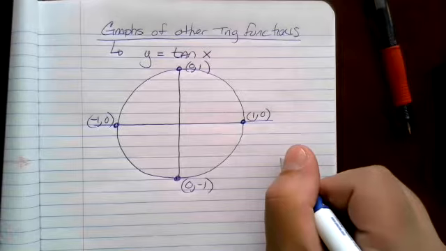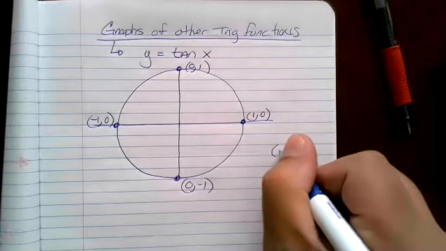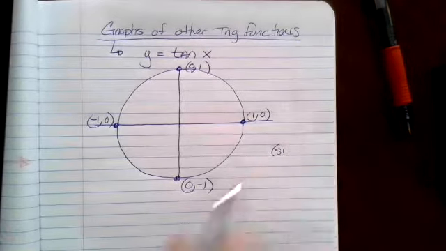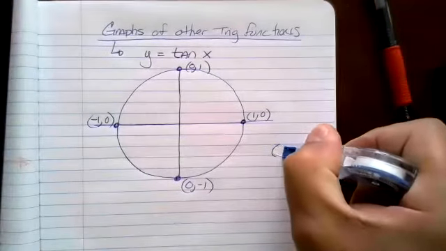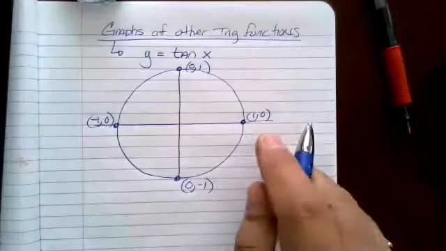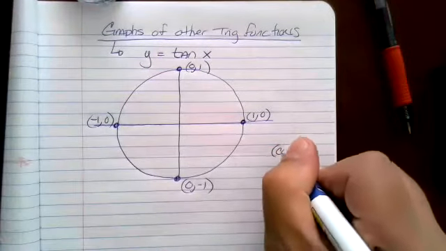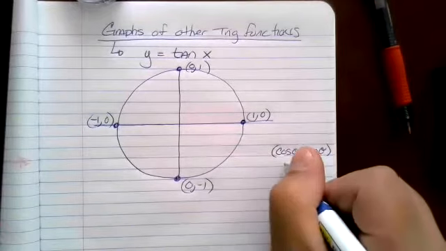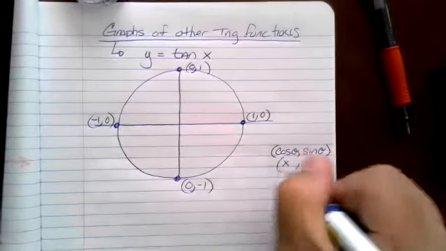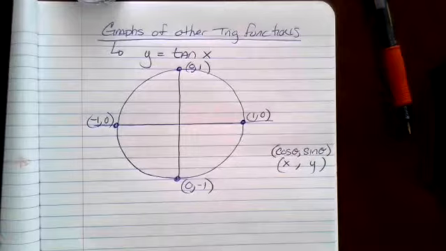And we also made the statement that each coordinate represents the function value. So we would have cosine theta, sine theta as our x and our y coordinates.